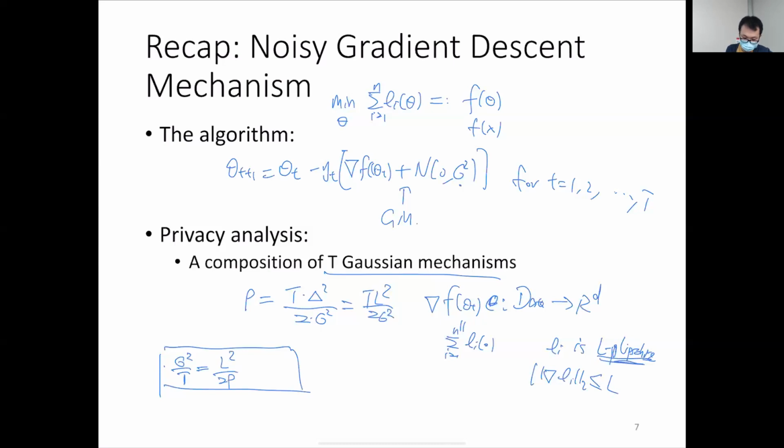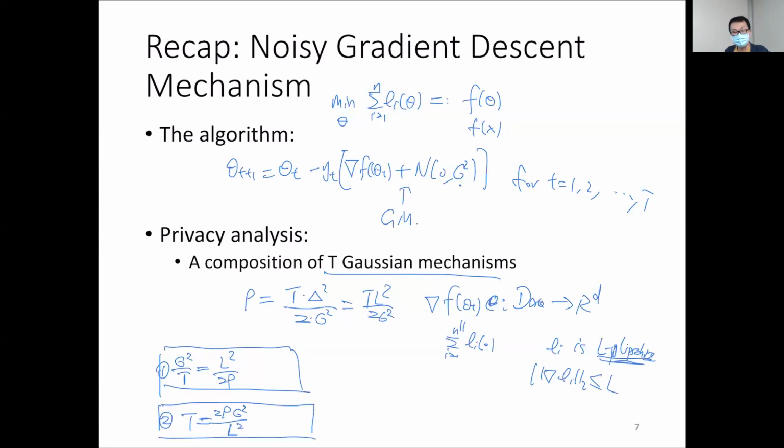This is the first identity that we'll be using throughout the lecture today. And the second is the number of iterations that we need to run this. We're calculating this to understand the computational complexity of this algorithm. The number of iterations that we need to run is equal to rho times 2 sigma square over L square.